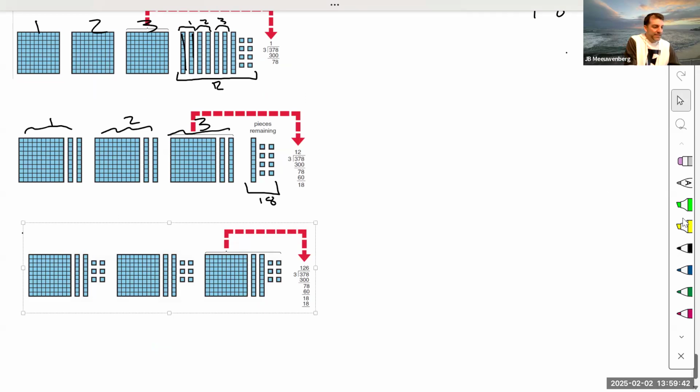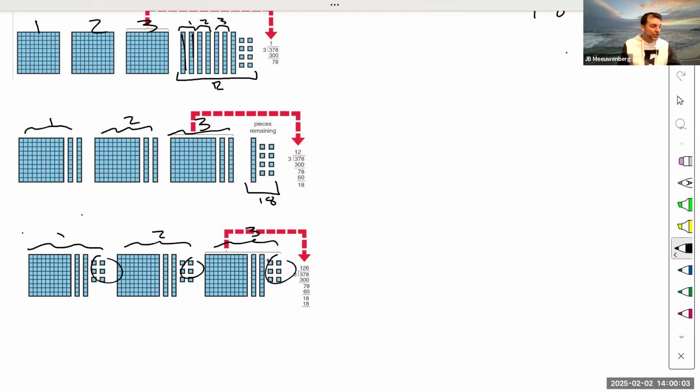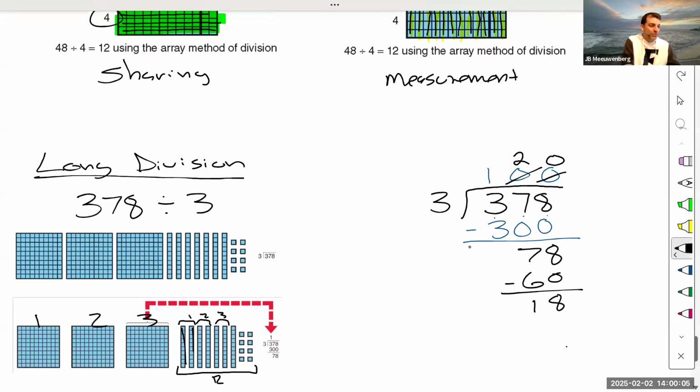We took the 18, and we put them here, here, and here. Each group got 6. So again, here's a group, here's group 2, here's group 3. And each of these now is saying there's 6 units in each group. And so that's what we're going to put up here in that ones column, because 6 times 3 is 18, and we end up with a remainder of 0.